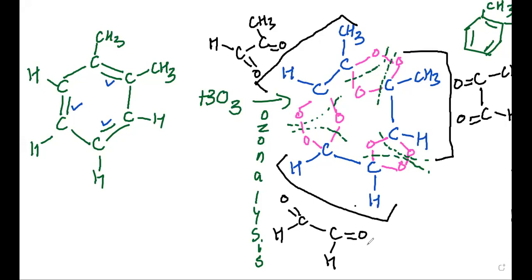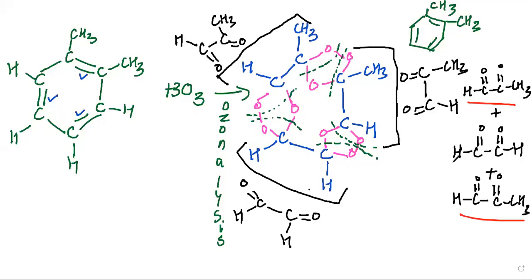Okay. This product, my dear student, is known as glyoxal. Can you see I have written glyoxal? Yes, sir. And these two products are known as 1-methyl glyoxal or methyl glyoxal.